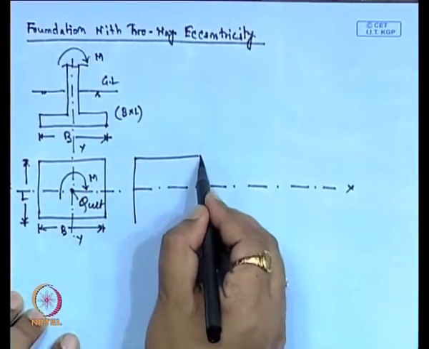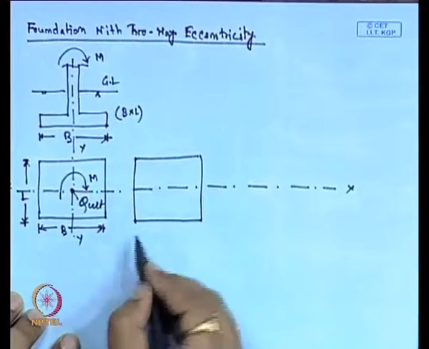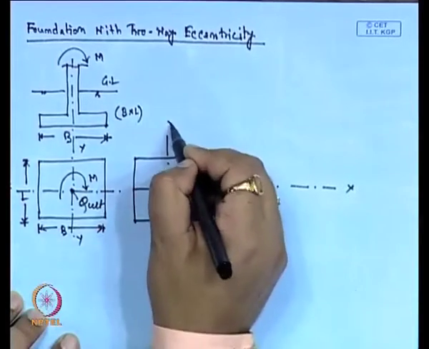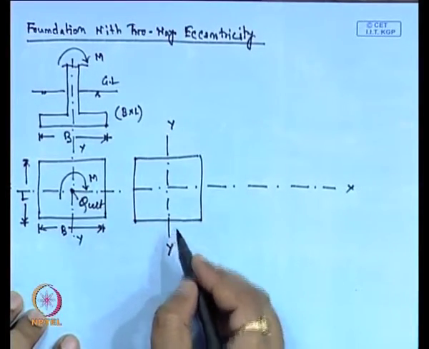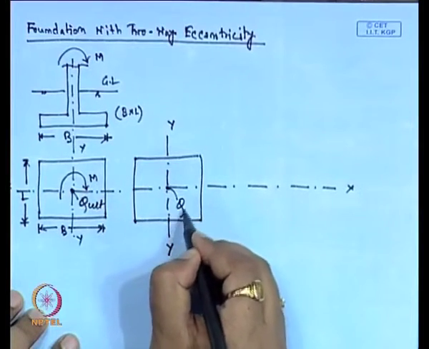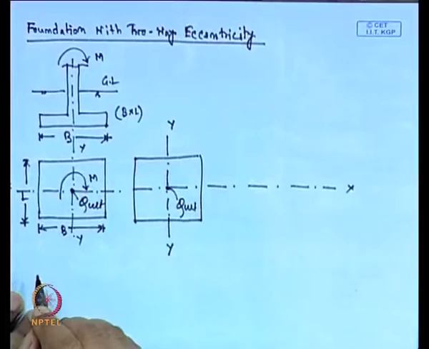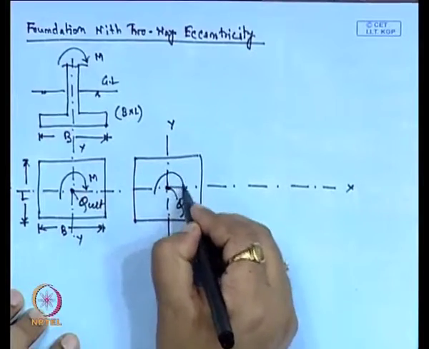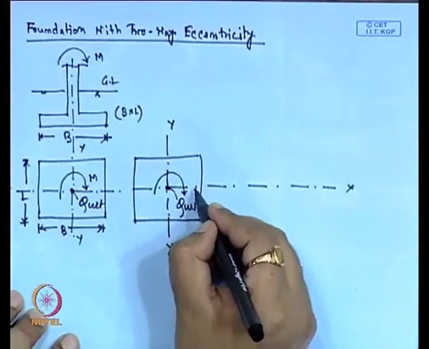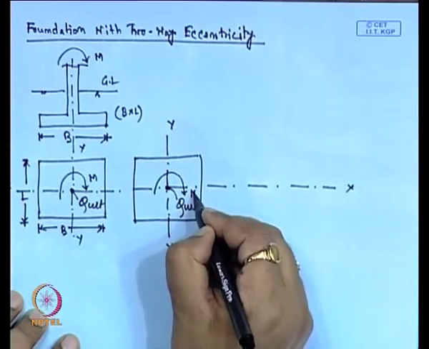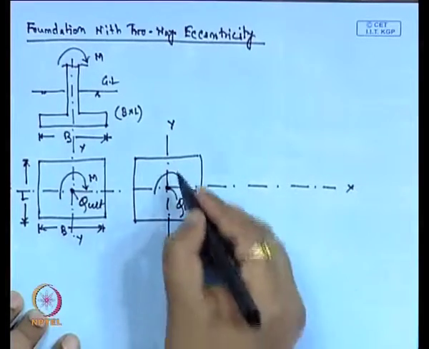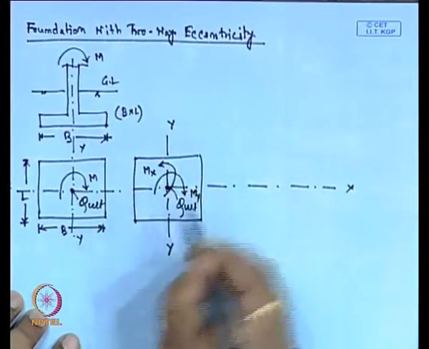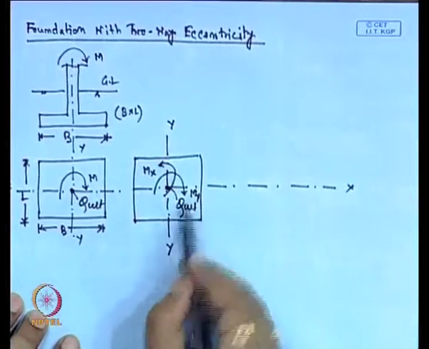Now, if the same footing, this is y, and again Q ultimate is this load, and one moment, that is M y, and another moment, that is M x, both are acting in this foundation.